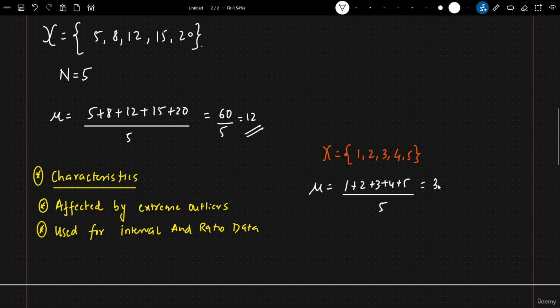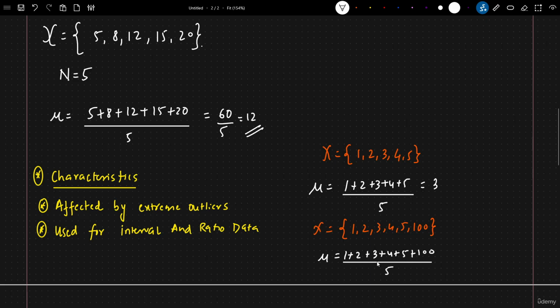Now, what if inside this random variable I add one big outlier? An outlier basically means a number that does not belong to this distribution. So let's say I go ahead and write 100. Now, if I calculate the mean, it will be 1 plus 2 plus 3 plus 4 plus 5 plus 100 divided by 6.